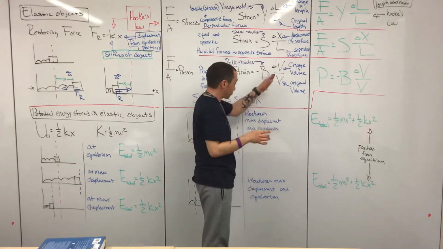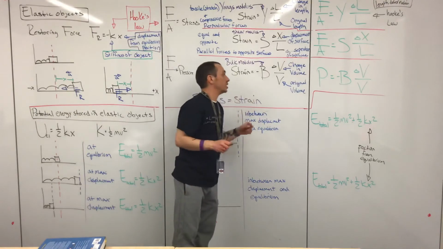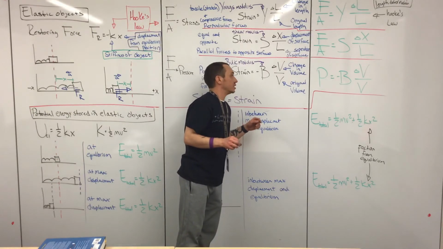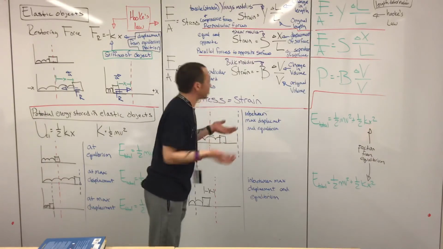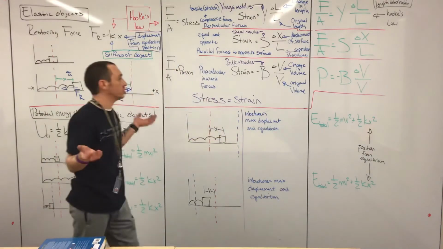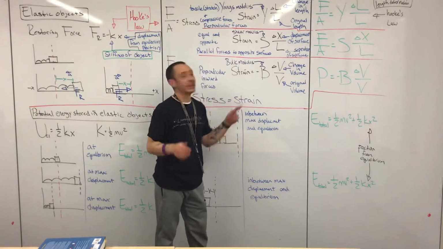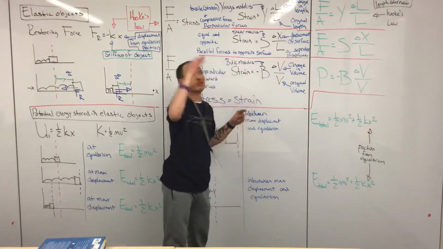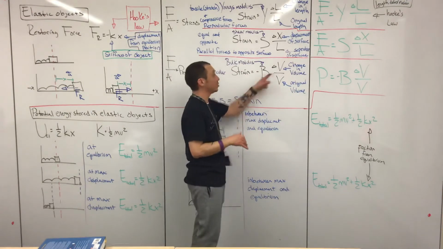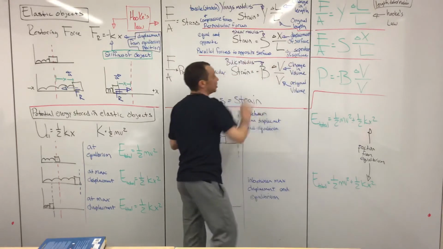Okay, so if the volume is like 3 meters cubed or something like this, and then it goes to 1 meter cubed, the change is 2. Okay, it's not 1. All right. Now the original volume would be 3 there, but the change, if it goes from 3 meters cubed to 1 meter cubed, the change is 2. Okay, so just again, be careful when we're talking about the change in here.